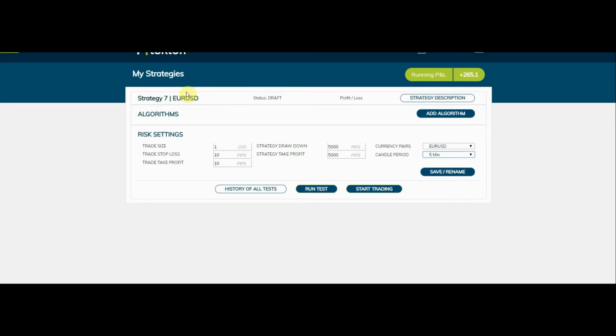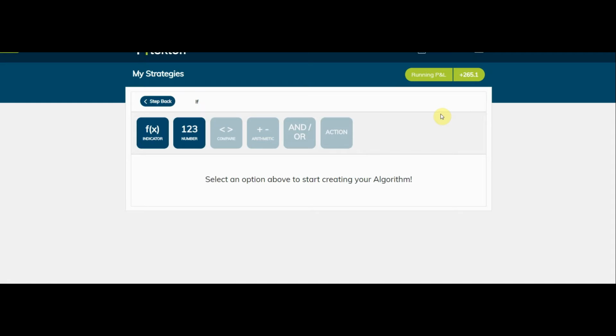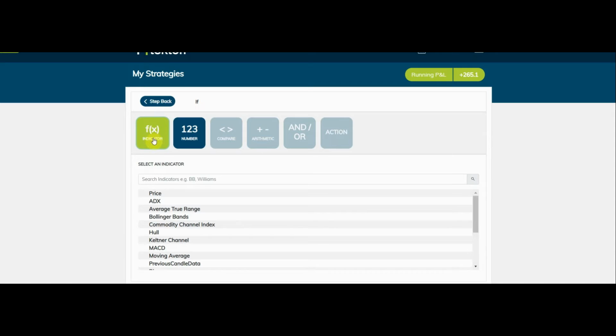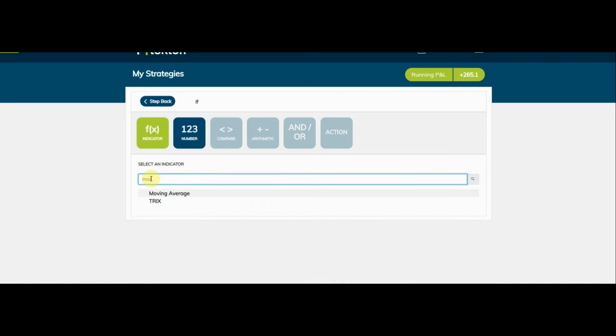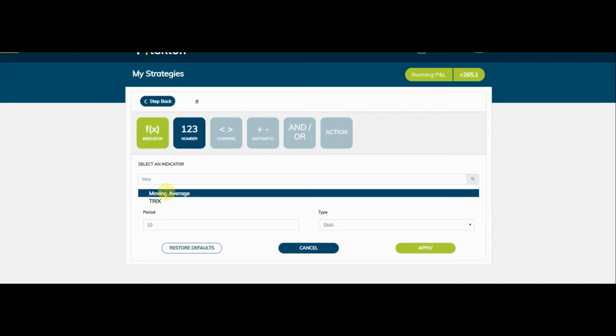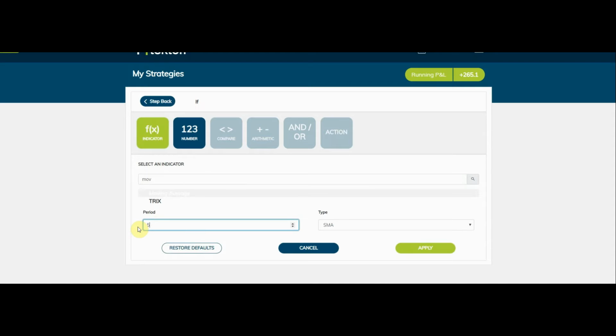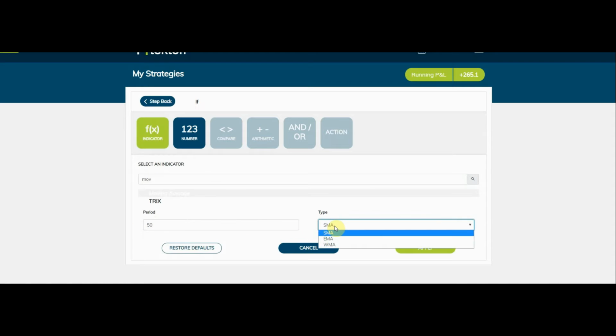So the first thing we do, we've got the euro dollar set up. We've got Add Algorithm. So we click Add Algorithm, and the algorithm is pre-populated in here. As we write each condition, which is very simple, it completes the complete algorithm along here. It starts off with if. So if moving average, so we're using this drop down menu to set moving average, and number is 50. And remember, there are different types of moving average, so we're using EMA.